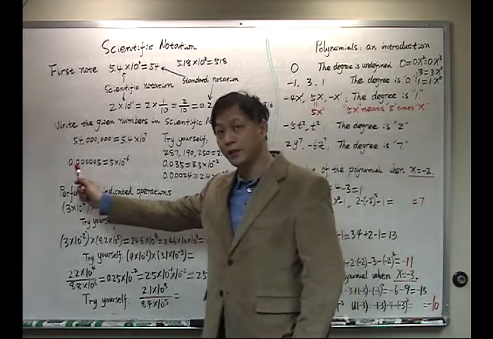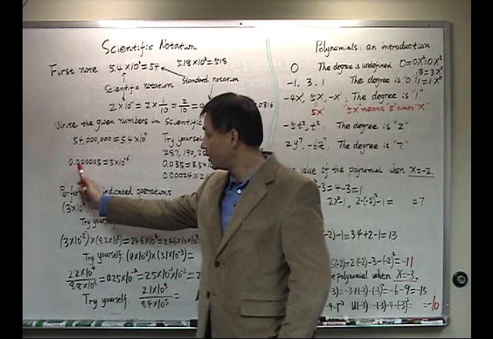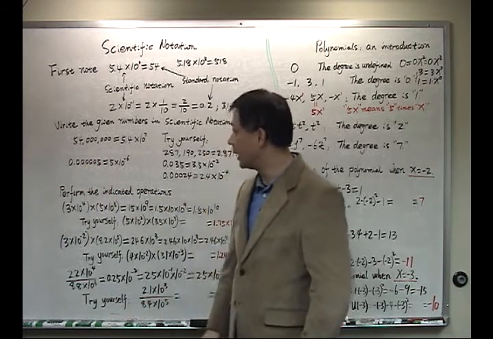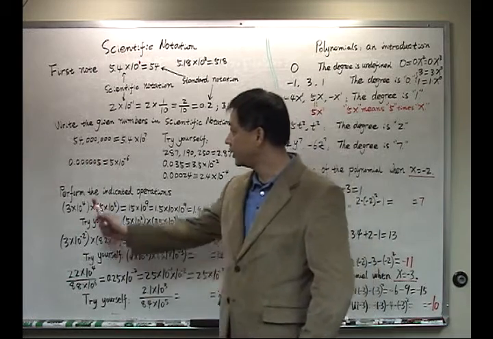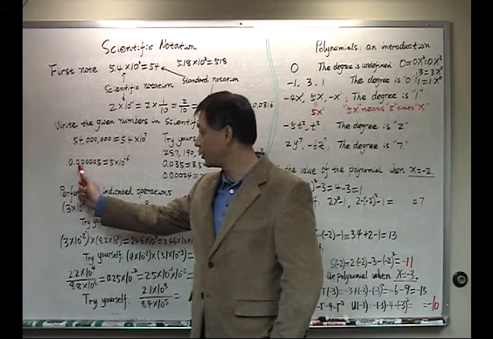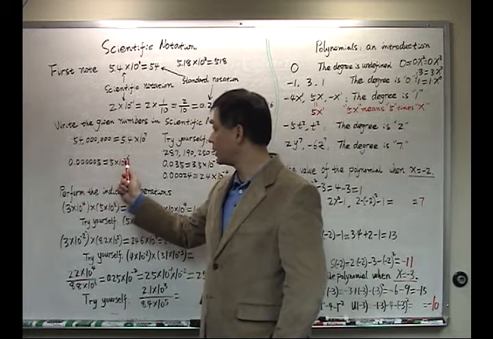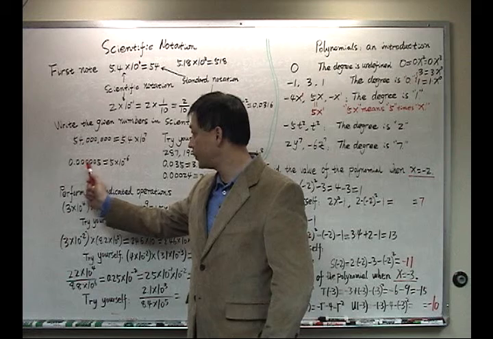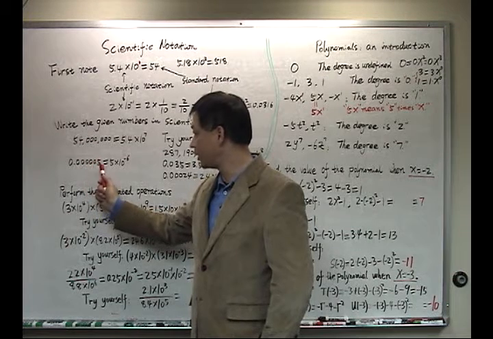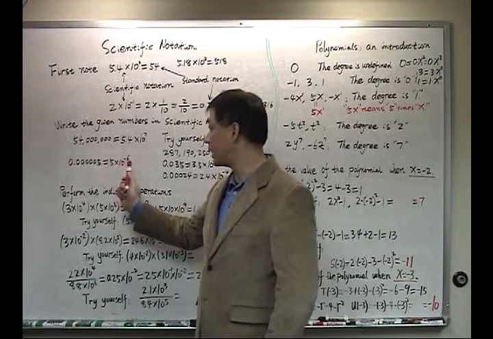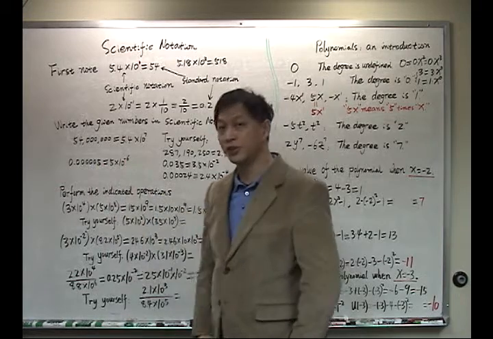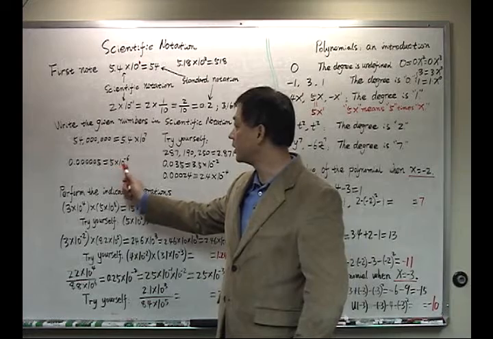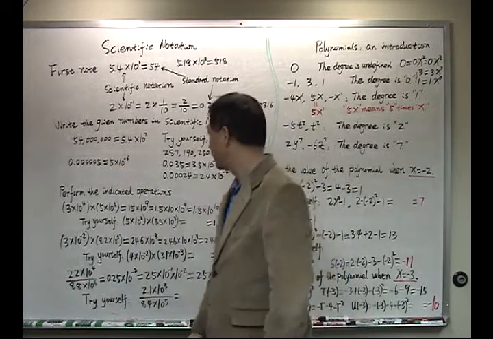Now, look at this one. This one is 0.000005. Then you can see you want to move 1, 2, 3, 4, 5, 6 digits to the right. And then here is negative 6. So that's why we have 5 times 10 to the negative 6.